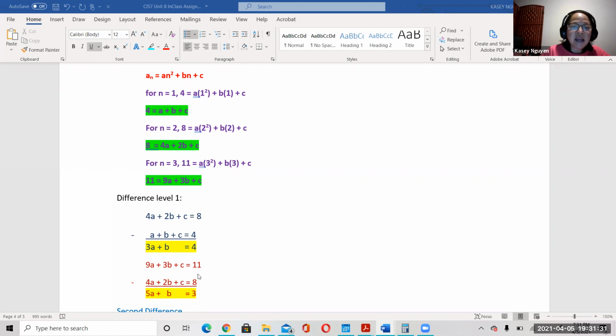Then again, I would take the second and the third one. So when n is equal to 2, the output of that, and n is equal to 3, the output of that, and I line them up and do the subtraction again. Here is this one at the top, subtract the second one. 9a plus 3b plus c equal to 11, minus 4a plus 2b plus c equal to 8.